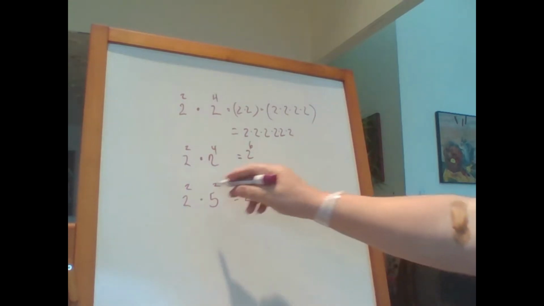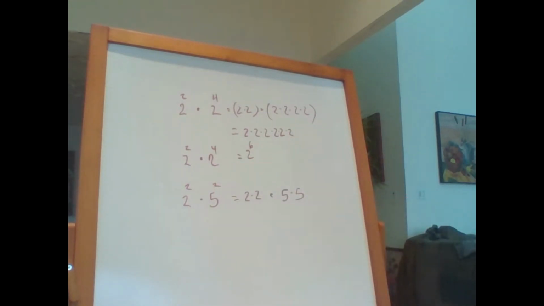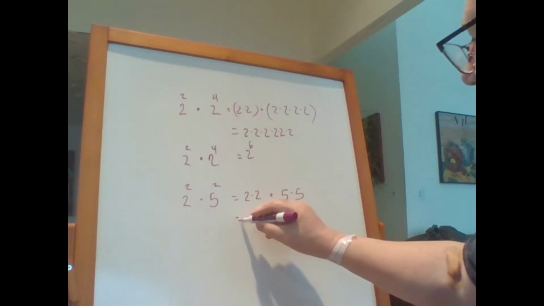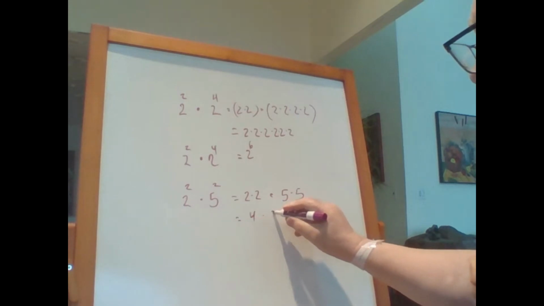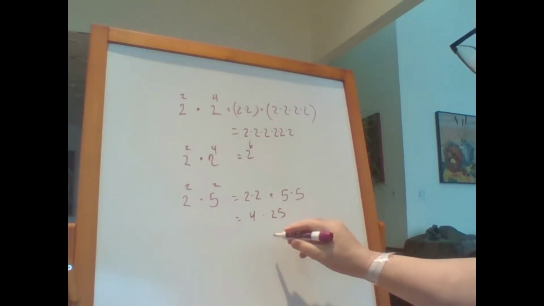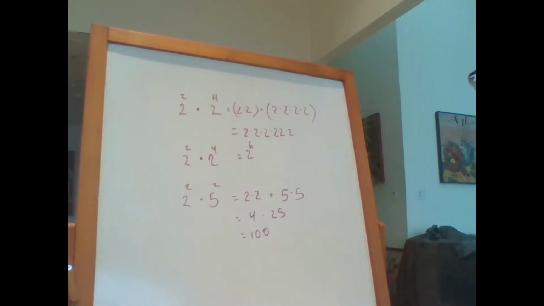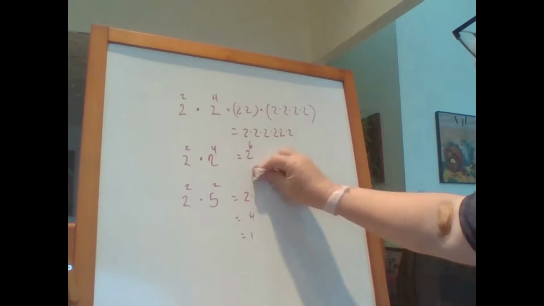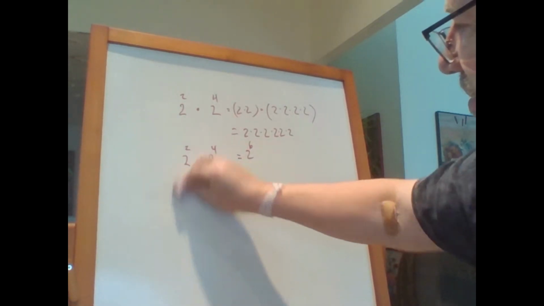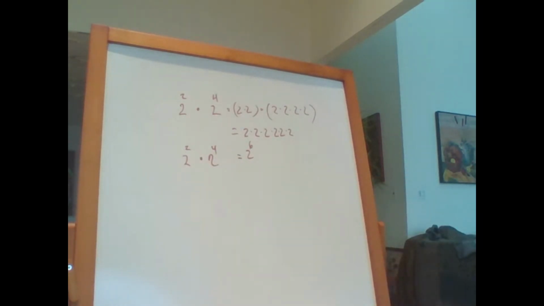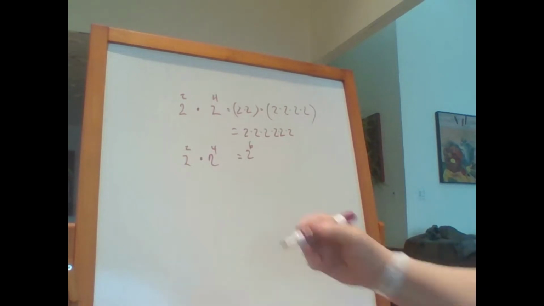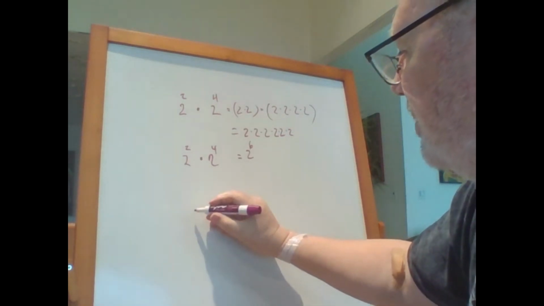So you can't add exponents when the bases are not the same. And so this here, we got 4 times 25, and that equals 100. So you have to be careful when you use the law of exponents that the base is the same.